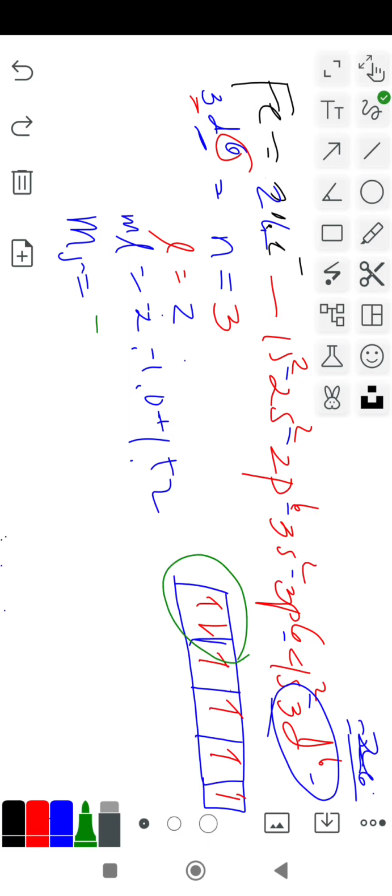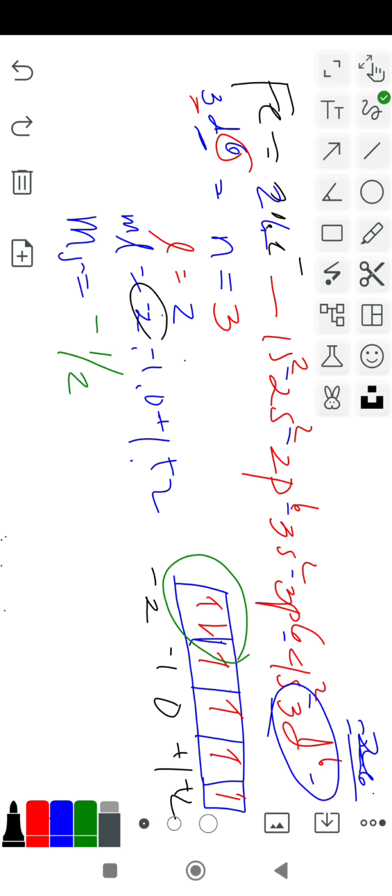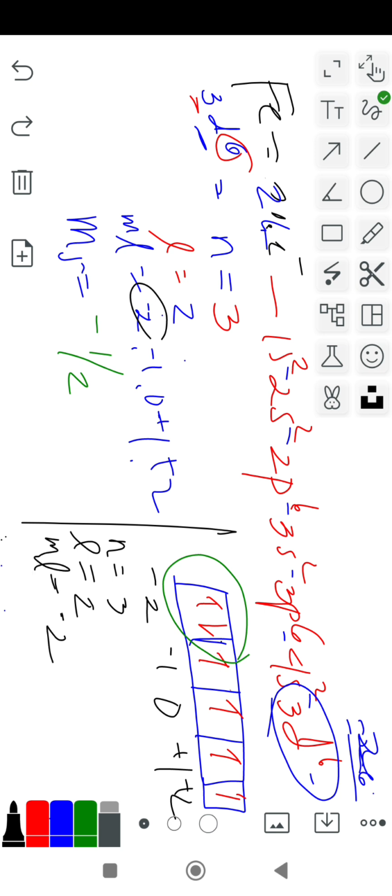Downward means negative 1/2. If we label the boxes, they become -2, -1, 0, +1, +2. So our final ML is -2. Meaning our final answer is N equals 3, L equals 2, ML equals -2, then MS equals -1/2. So that's it.